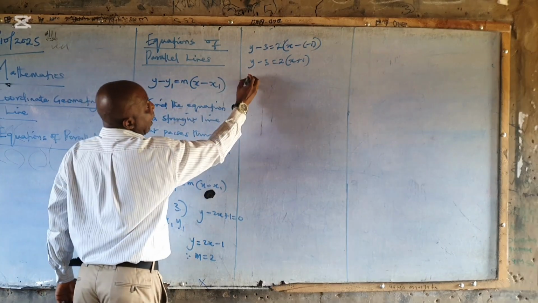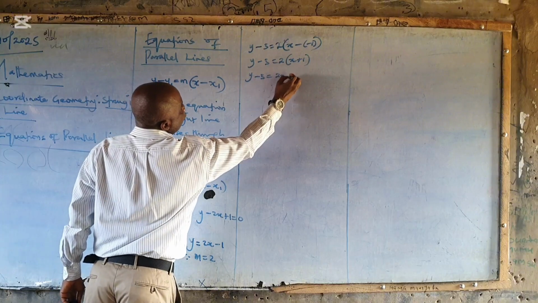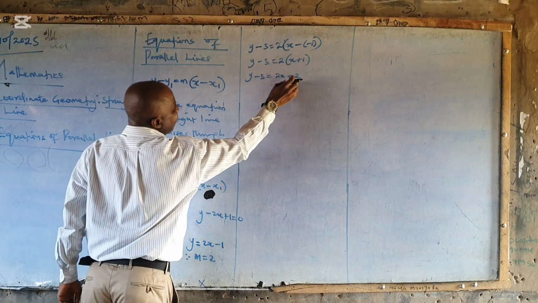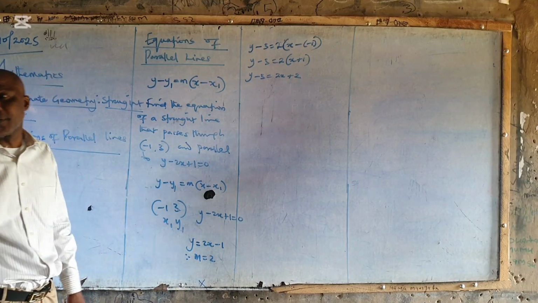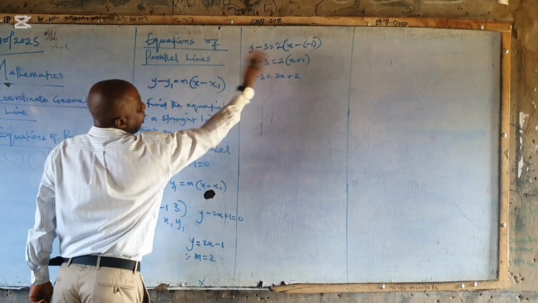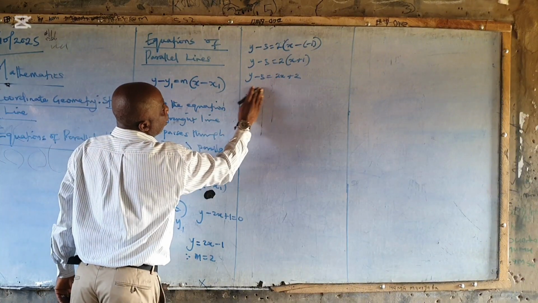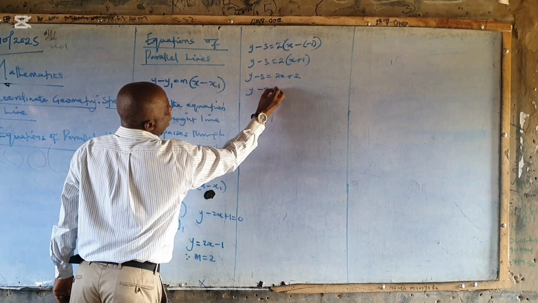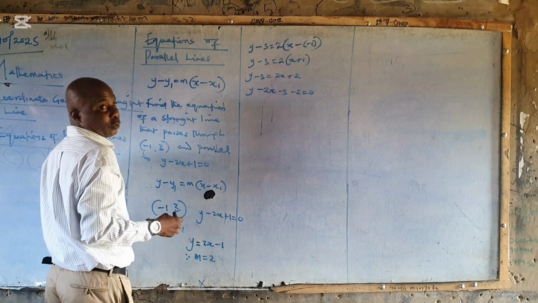Then you open that bracket. You have y minus 3 will be equal to 2x, 2 by 1 gives you 2. Then you move everything here to this place, just like the way you write your normal equation of a straight line. When you move everything over here, all the signs will change. So you have y minus 2x minus 3 minus 2 equals 0.